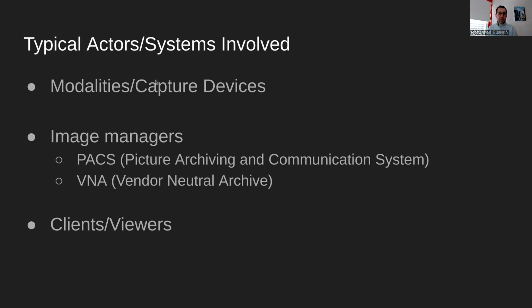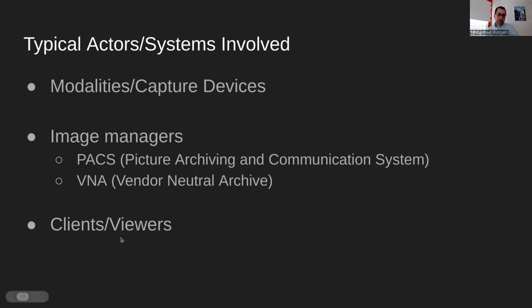So these capturing devices capture images, and then they send them to the image managers, and the image managers own them from then on, and these images have a life of their own. The most typical image manager you'll see is a PACS, which stands for Picture Archiving and Communication System, or a VNA, which is a vendor neutral archive. I don't have the time to get into the nitty-gritty details of the differences between these two, so I'll let you Google this, or if it isn't clear, feel free to email me.